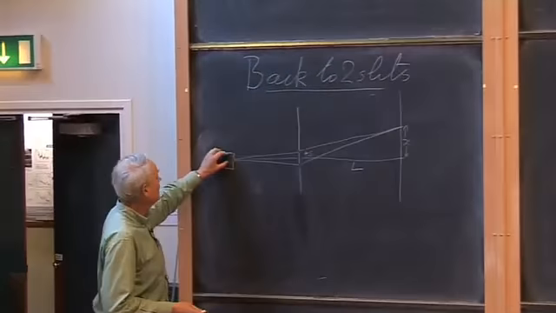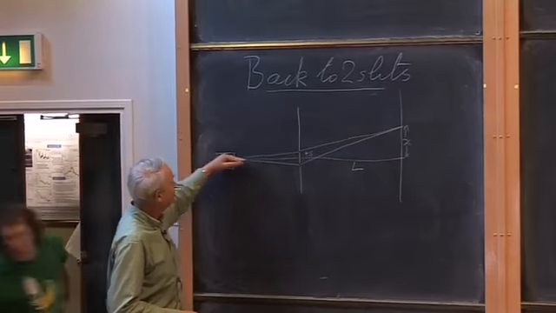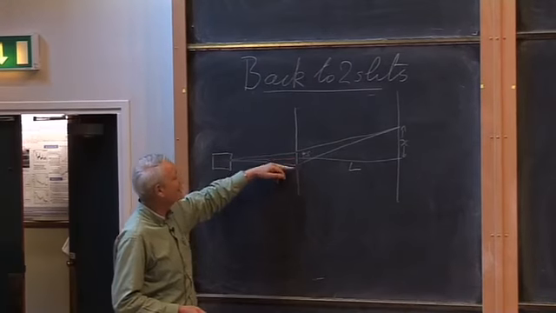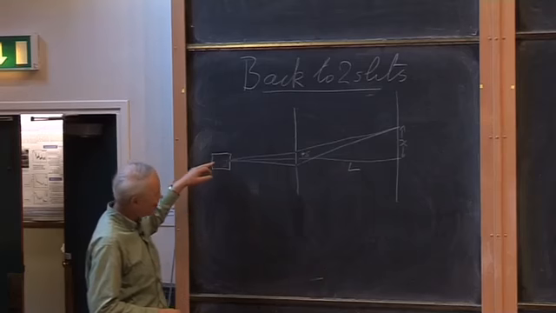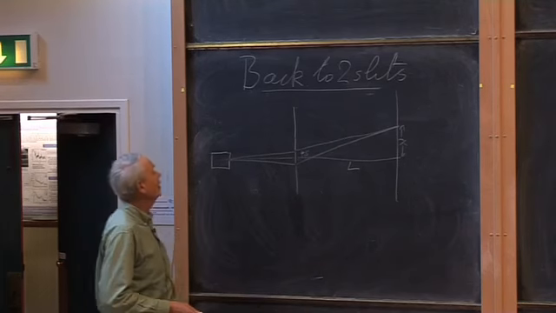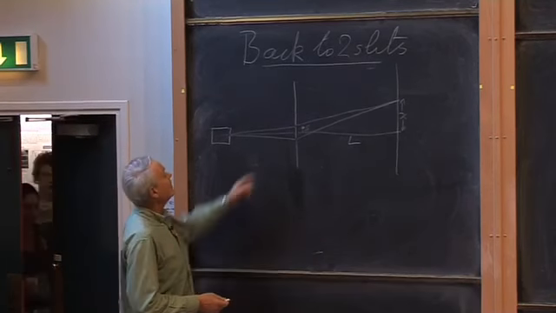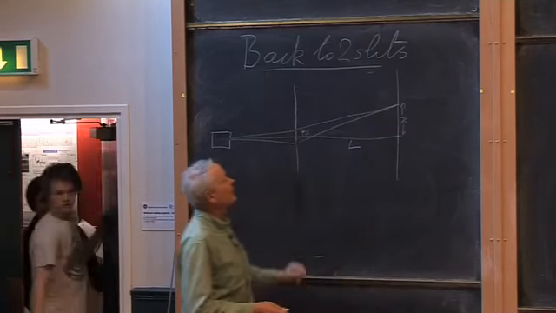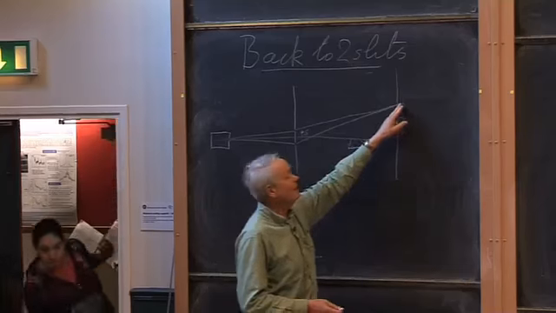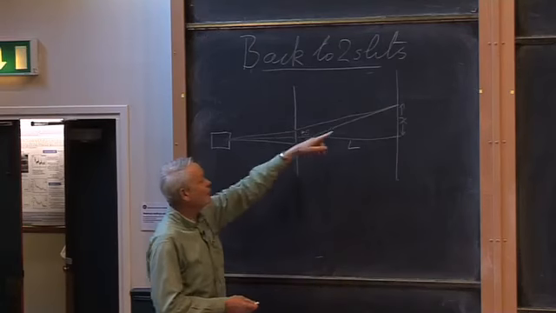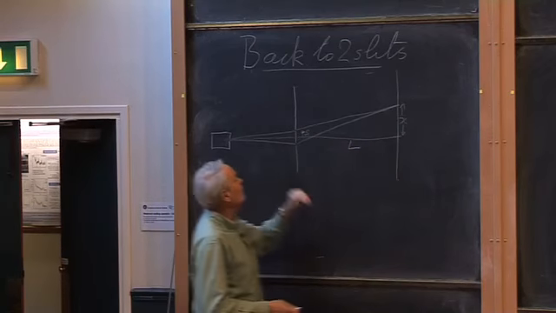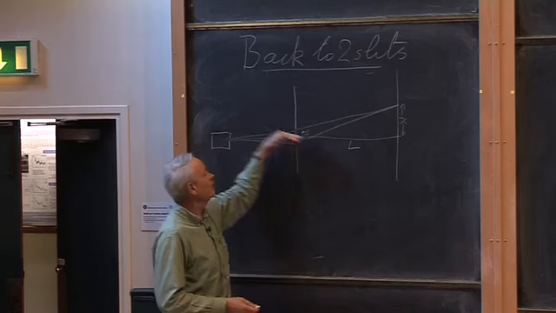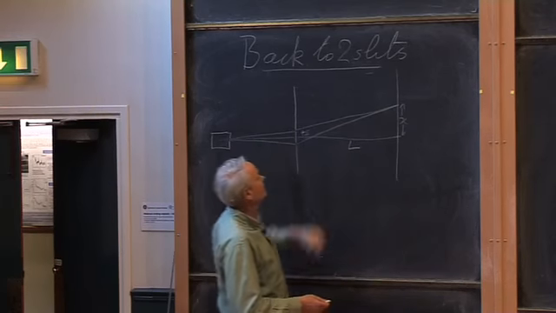So as you recall, we had some gun here that was symmetrically placed with respect to a couple of slits here in an obscuring screen. It fired out particles. Some of the particles got through the holes, and they came to here, and we said that the amplitude up here, the quantum amplitude to arrive at this point, would be the sum of the amplitude to go via this route or to go via this route.